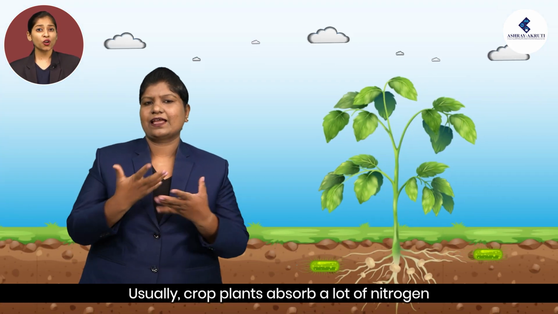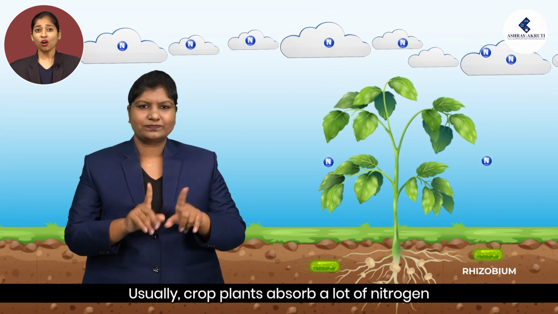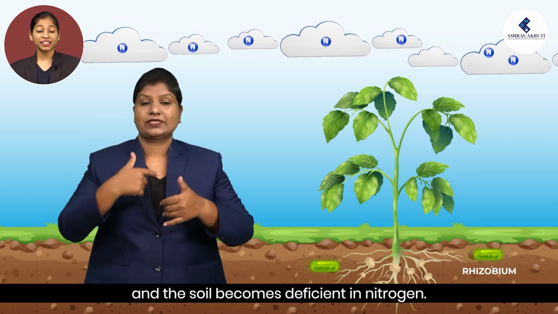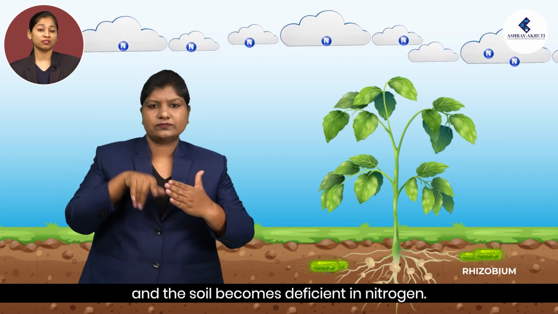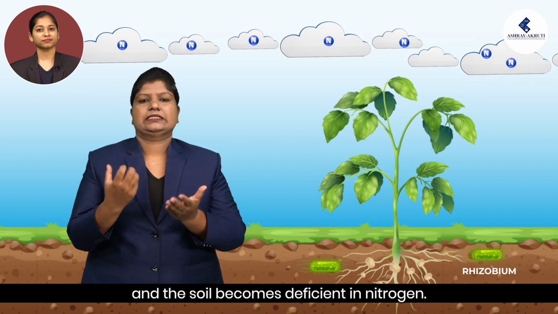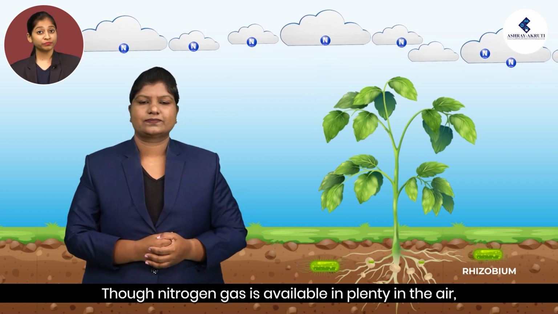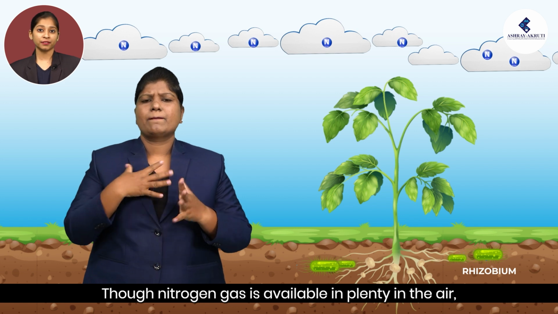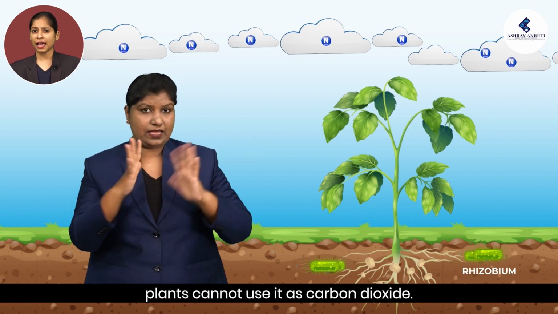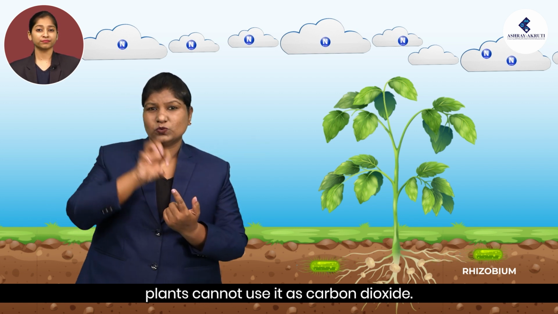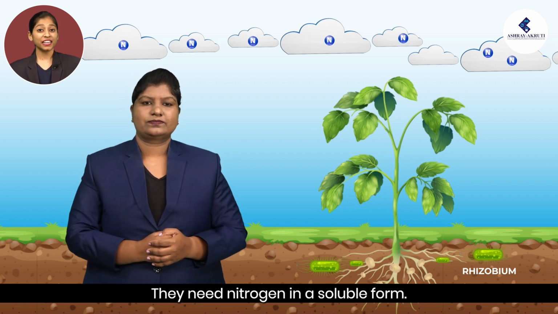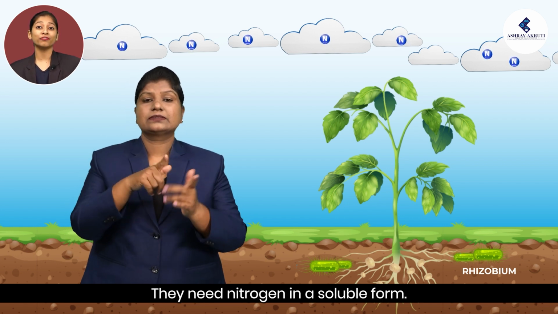Usually, crop plants absorb a lot of nitrogen and the soil becomes deficient in nitrogen. Though nitrogen gas is available in plenty in the air, plants cannot use it as carbon dioxide. They need nitrogen in a soluble form.